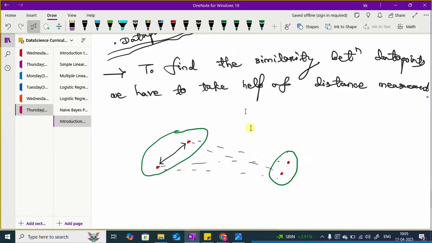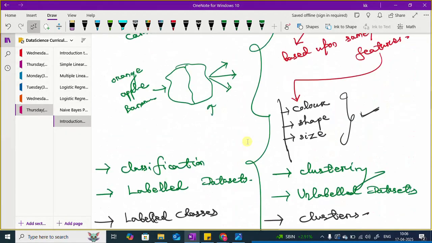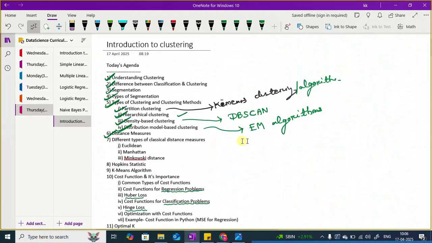Now the time has come: how to measure the distance? To measure the distance, we have two to three beautiful techniques. You can see, what are those? Euclidean distance, Manhattan distance, Minkowski distance.